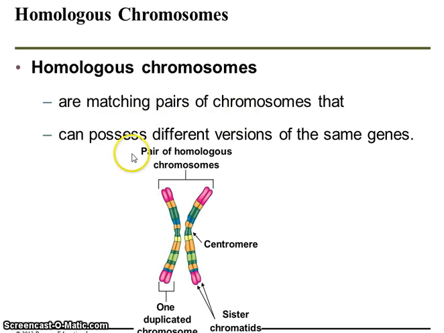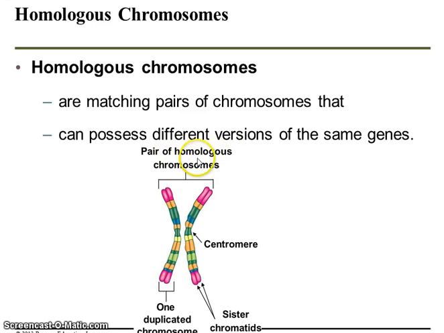Okay, so for each chromosome, like chromosome 1, you've got a copy from your mom, a copy from your dad. When the cell divides, they make a second copy. Those are the sister chromatids. When you look at both copies of your chromosome 1, one from mom and one from dad, those are called homologous chromosomes.